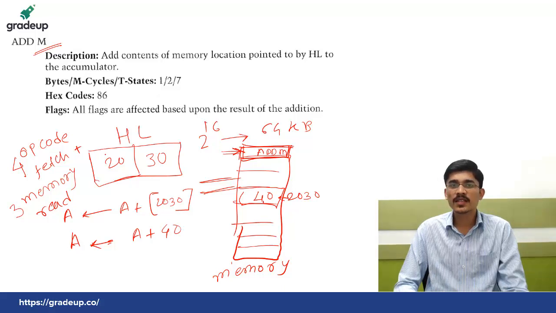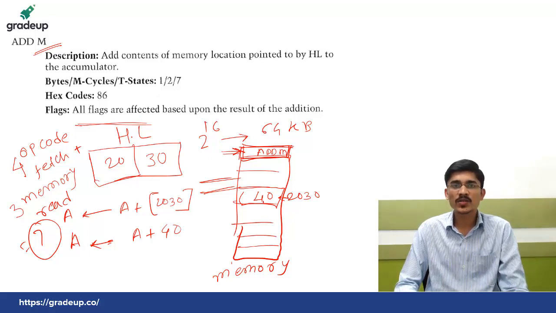I explained in the last lecture why it requires 4 and why 3. In total it requires 7 T states. And as I told you, for simple addition or subtraction, all the flags will be affected.